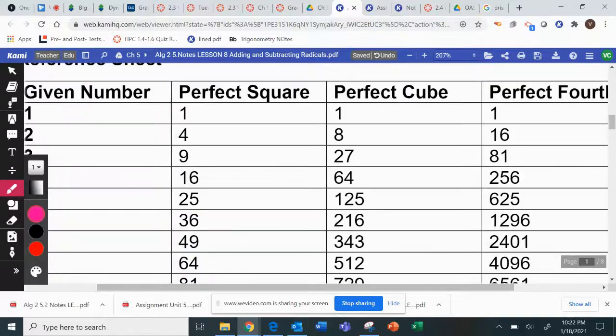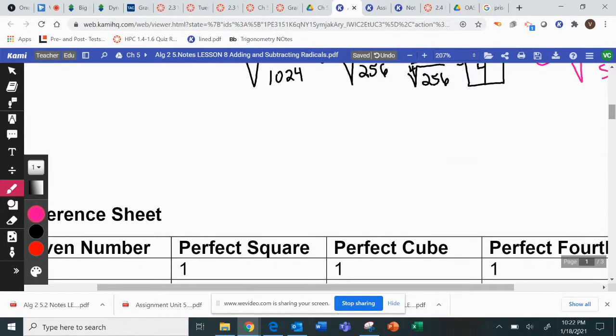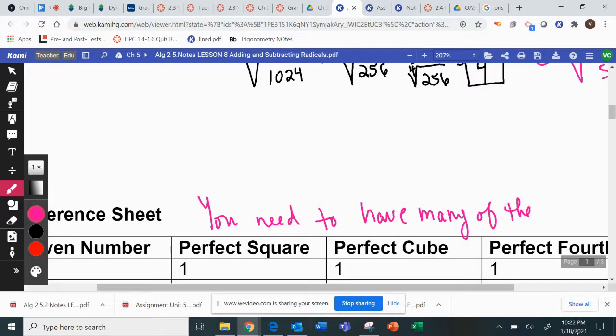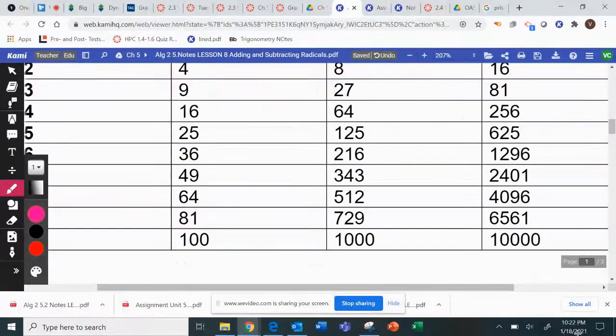Hopefully we are starting to memorize these. Let me say that. All right, you really should start having a lot of these memorized.